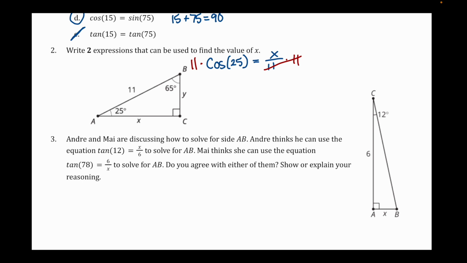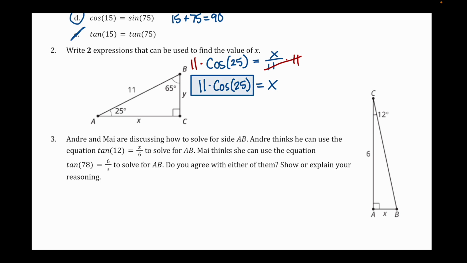We'll be left with x, and then over here we'll have 11 cosine 25. And so that is our first expression that we can use to find the value of x.